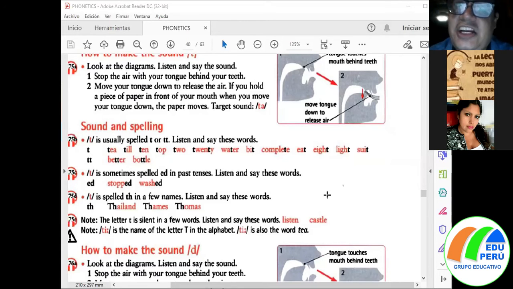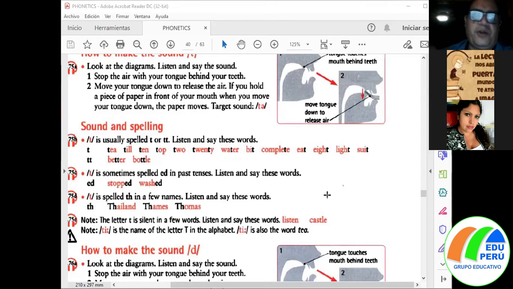With the letter T or double T. Listen and say these words: T, till, ten, top, two, twenty, water, bit, complete, eat, eight, light, suit, better, bottle.